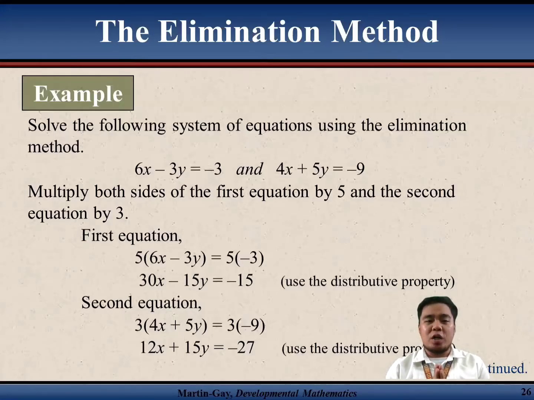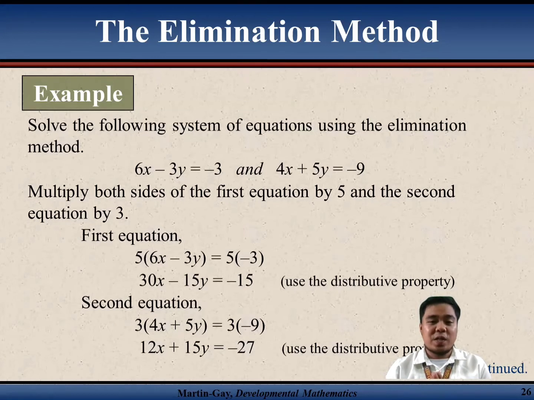So for example, solve the following system of equations using elimination. 6x minus 3y is equal to negative 3, and the other equation is 4x plus 5y is equal to negative 9. So again, our goal in performing elimination is that we should eliminate one variable.